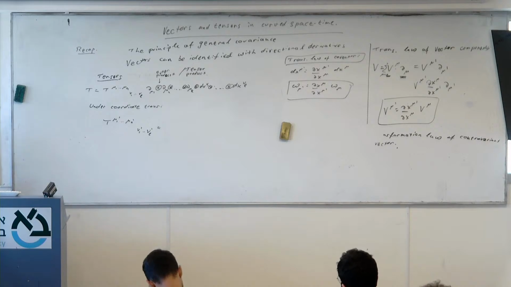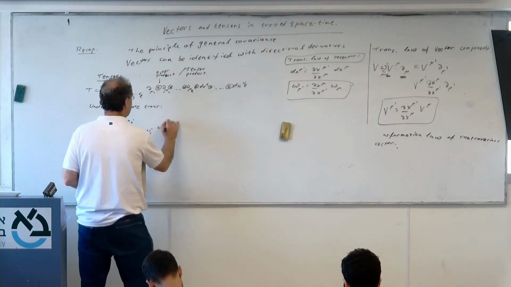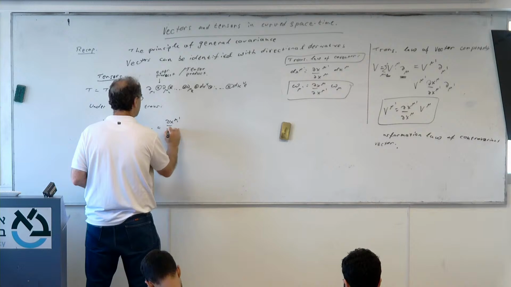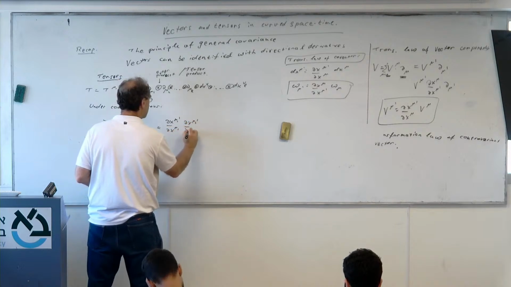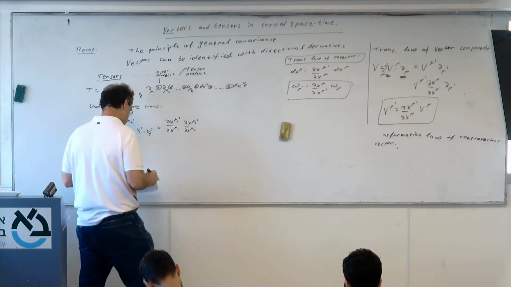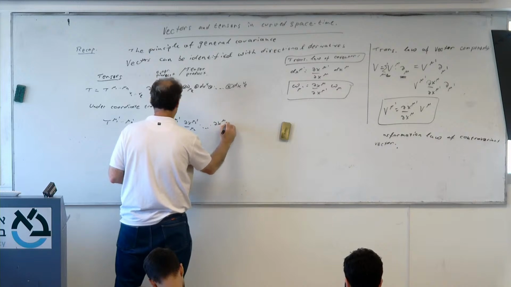Transform each one out of the outer product. There's really nothing else you can do. So it's just dx^{mu_1'} over dx^{mu_1}, dx^{mu_2'} over dx^{mu_2}, up to dx^{mu_K'} over dx^{mu_K}.